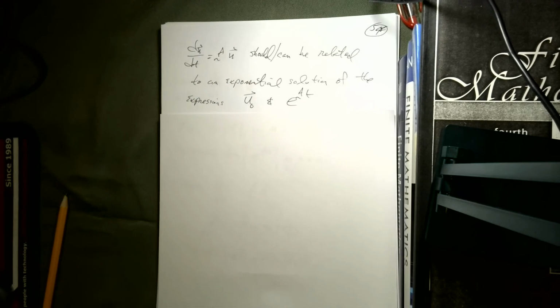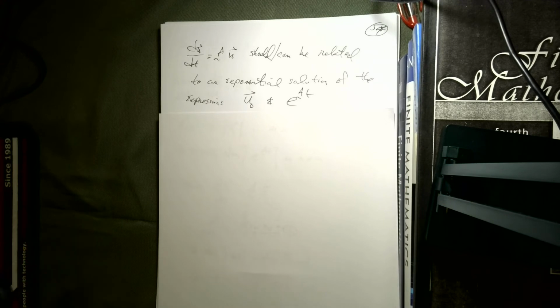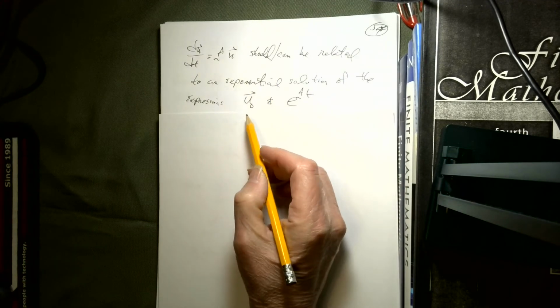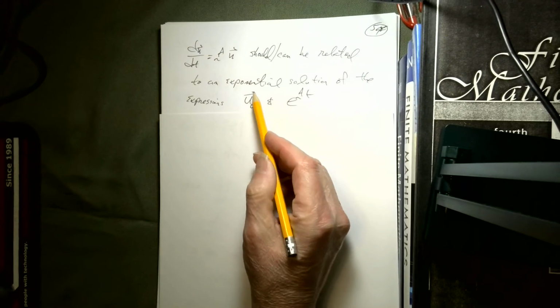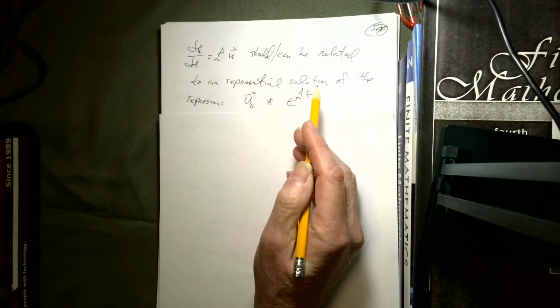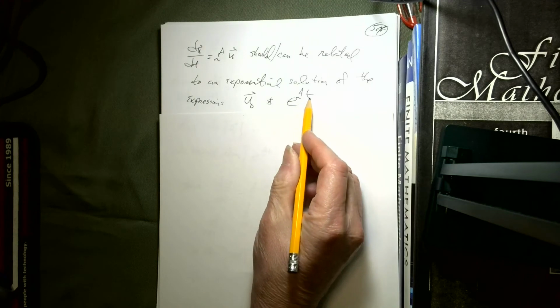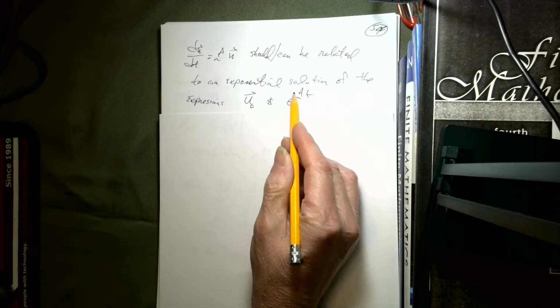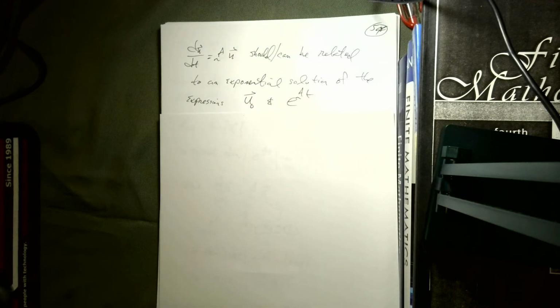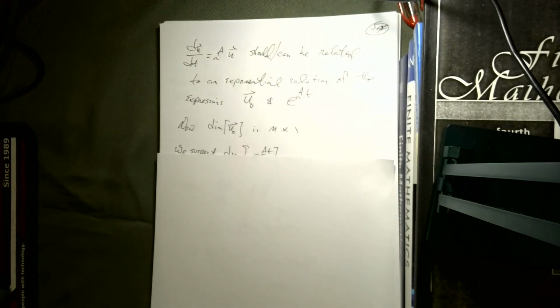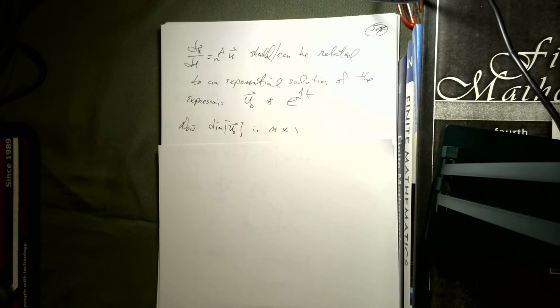So instead of having the initial condition being a scalar, we're going to have it as a vector, and instead of e to the lambda t, we suspect that it might be e to the At. And we started talking about this in class before things had gone crazy here.